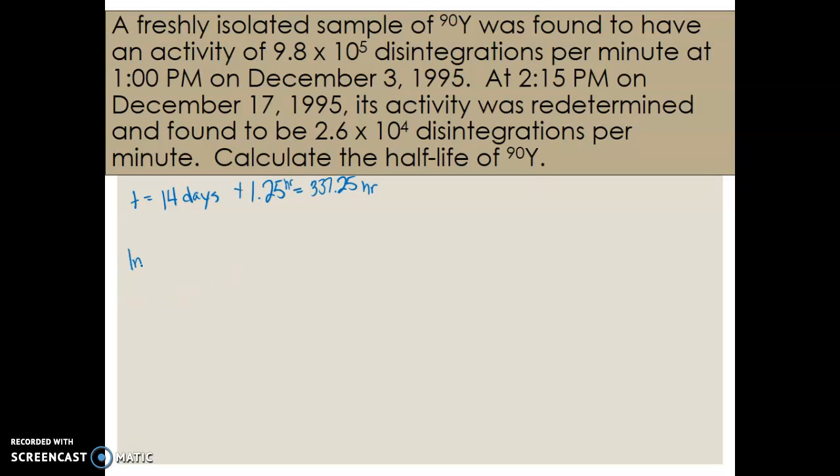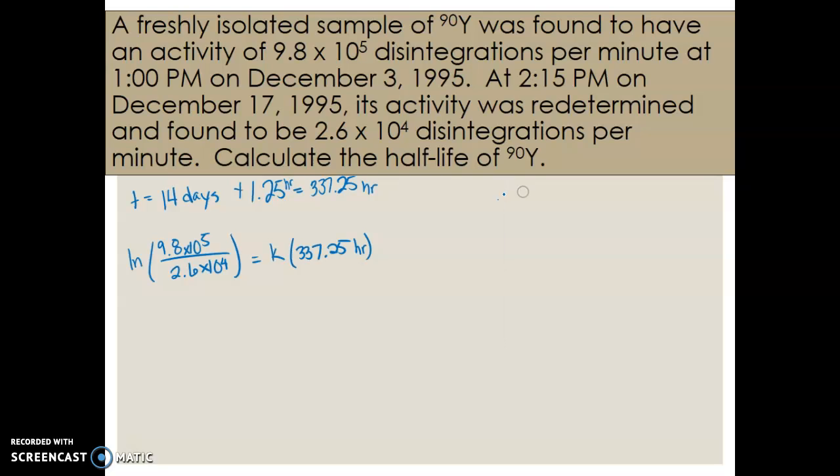So now we can take the natural log of our starting amount, which was 9.8 times 10 to the 5th, divided by our final amount, 2.6 times 10 to the 4th, is equal to K times our time. We can't jump straight to the half-life equation because we did not have our K constant.